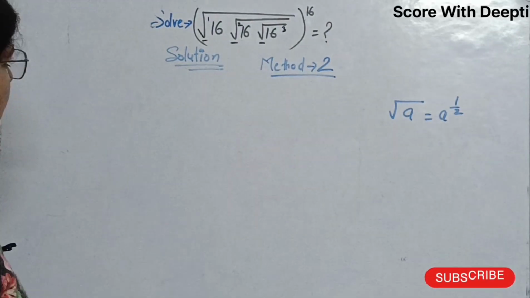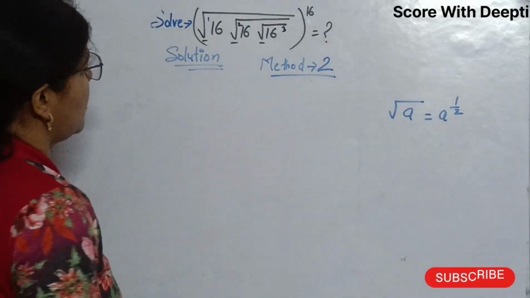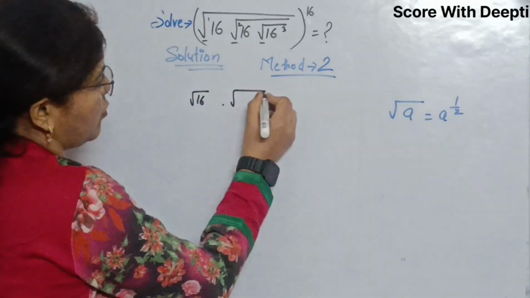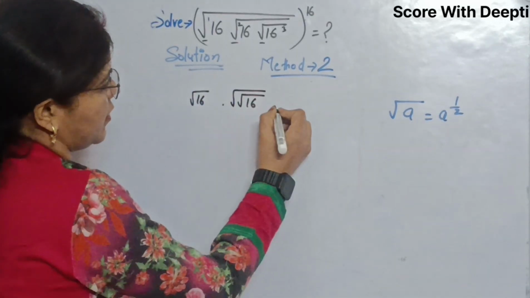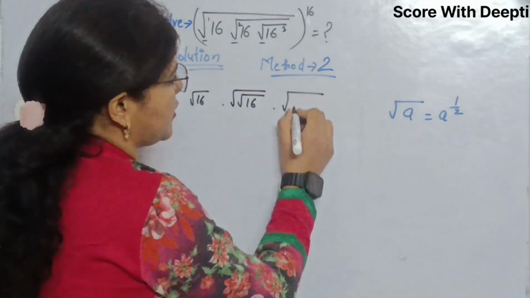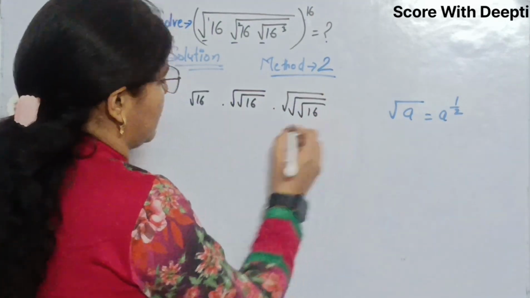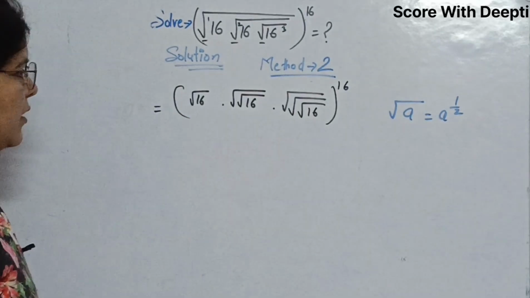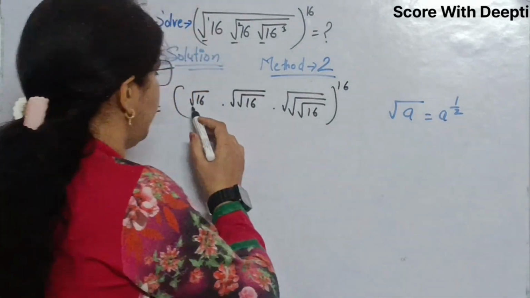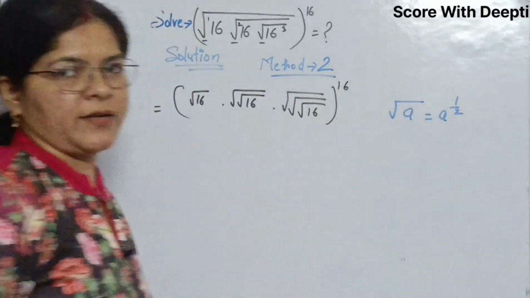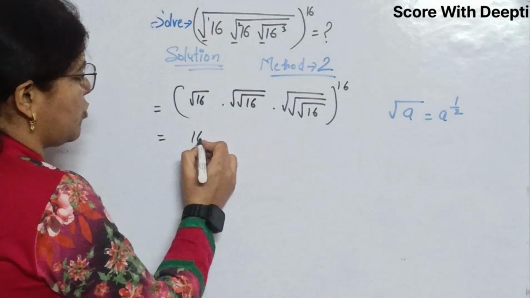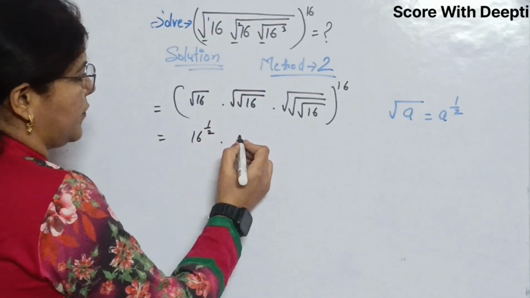And now first we will write square root 16 into square root under square root 16 into square root under square root under square root 16, to the whole power 16. Next, in place of the square root, we will write 1 by 2 as an exponent. That means square root 16 can be written as 16 to the power 1 by 2 into.